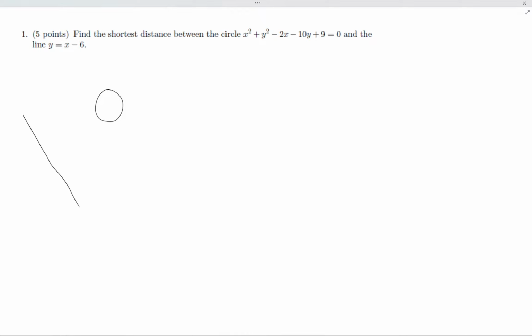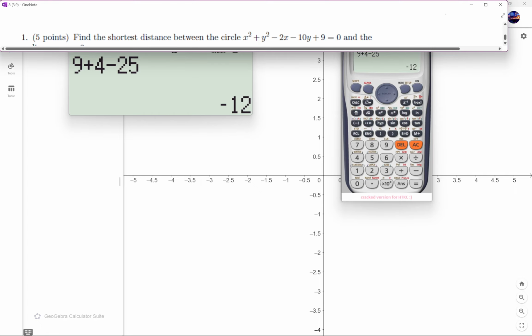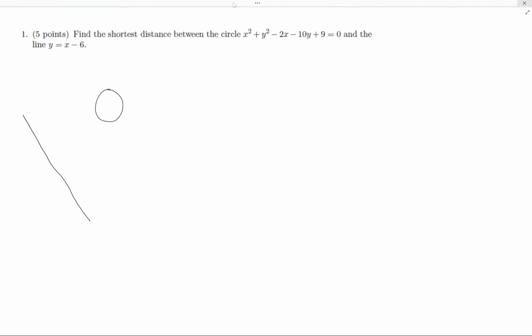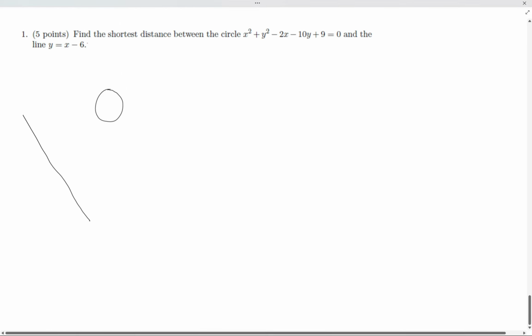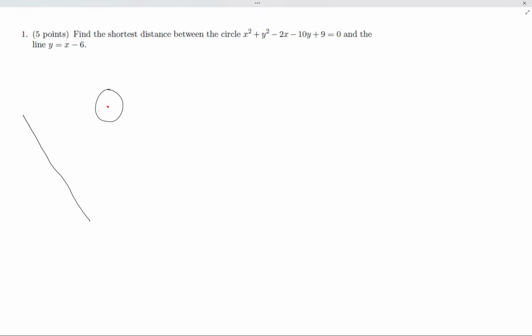I don't know yet if that is the case, but what we need here is the shortest distance from the circle and the line. And remember, the shortest distance in this scenario would always be the distance that follows along the line perpendicular to the line right there.